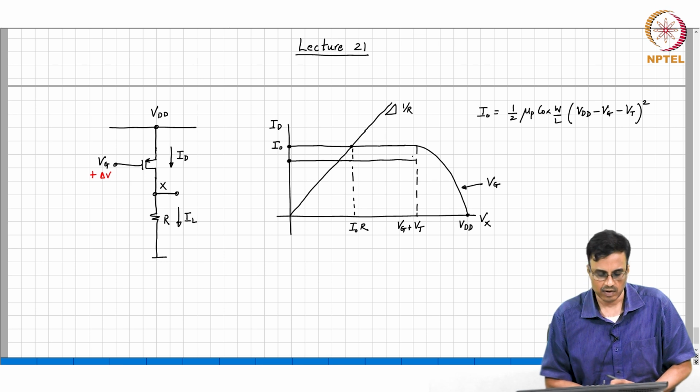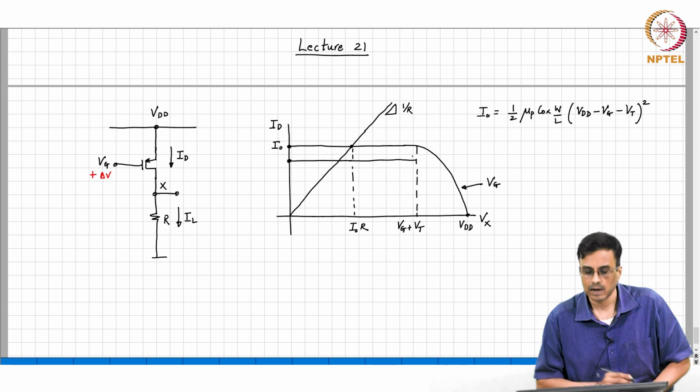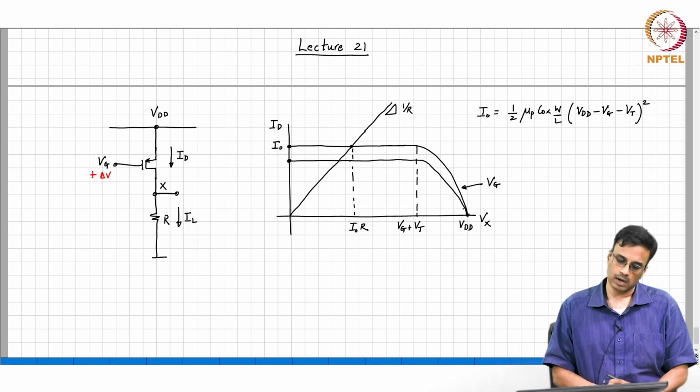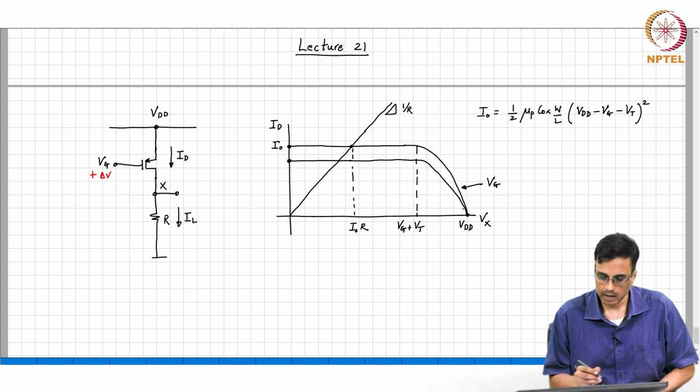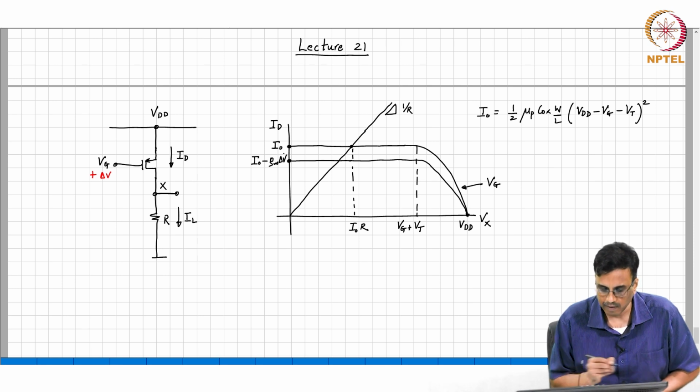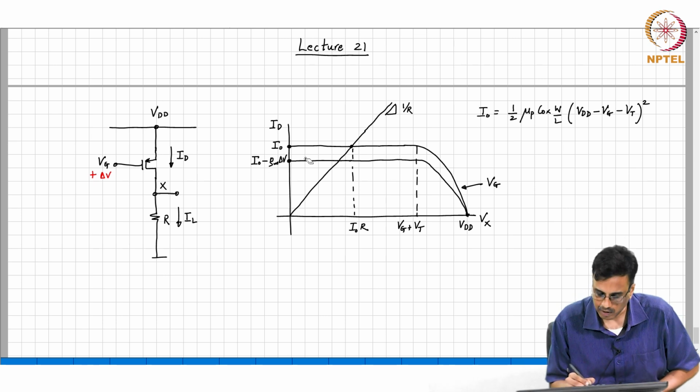when the voltage reaches Vg plus delta V plus Vt. So, this is nothing but I naught minus Gm delta V. Let me use another color.